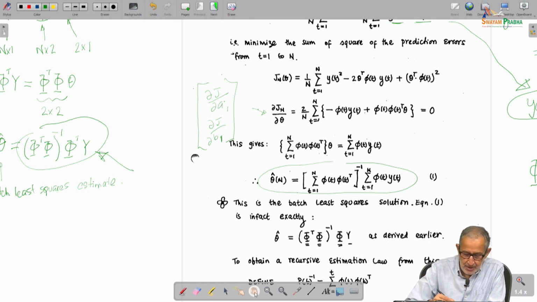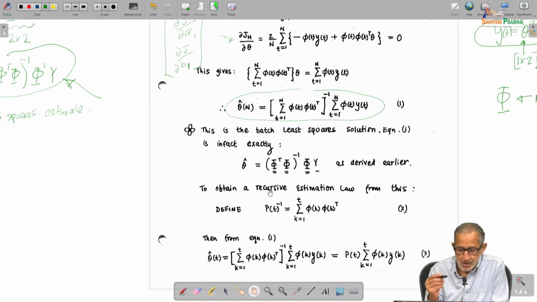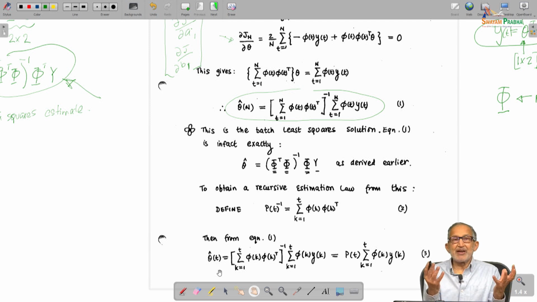So to obtain recursive least squares, we first define the matrix P_t inverse as the summation of phi phi transpose. Actually, it turns out P_t inverse is this term here. Then from equation 1, this equation here, theta hat at time t, remember we're trying to now turn this batch least square solution into a recursive least square solution.